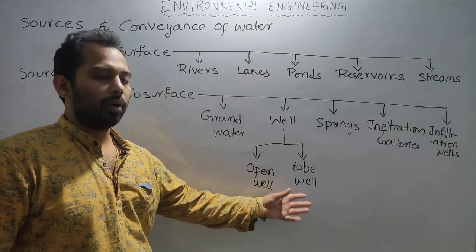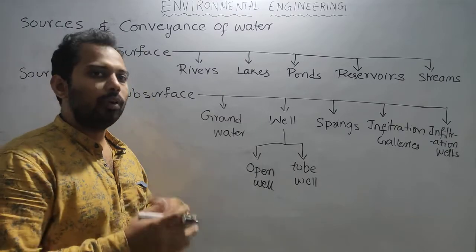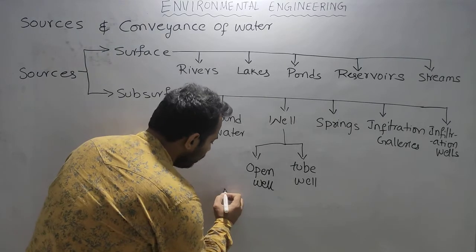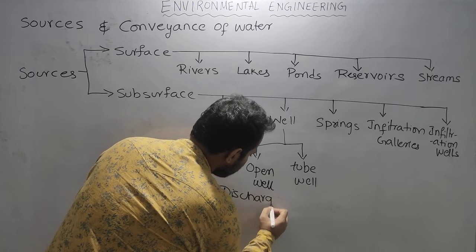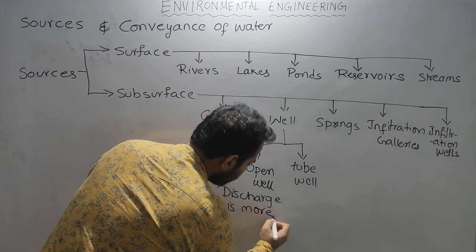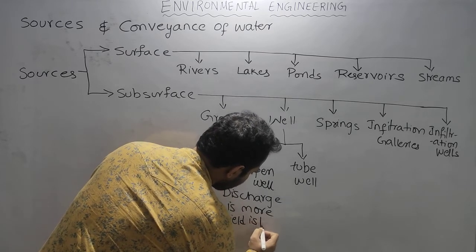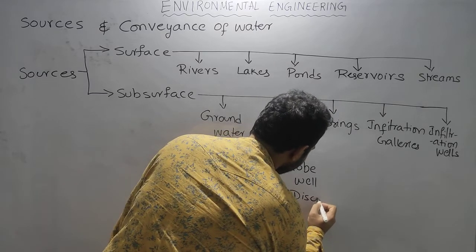That is why in a tube well the discharge will be less but the yield will be high. So in an open well, discharge is more, yield is less, whereas in a tube well discharge is less, yield is more.